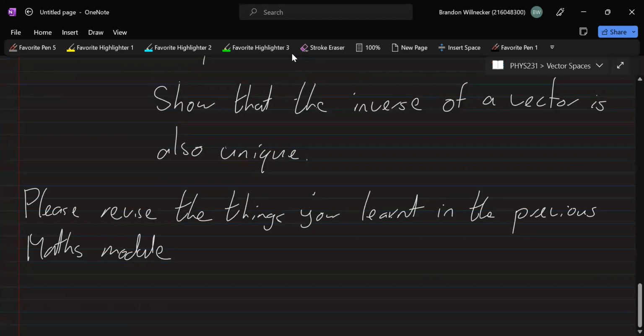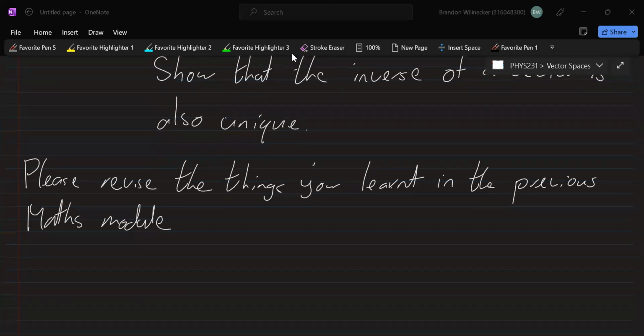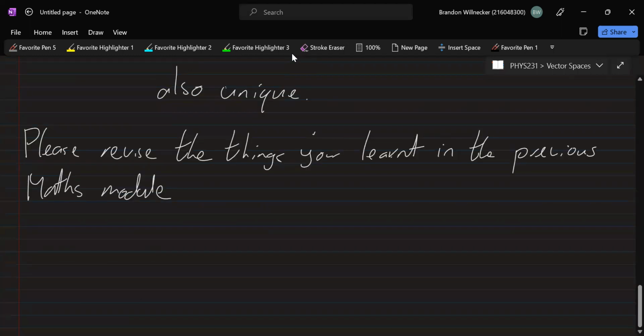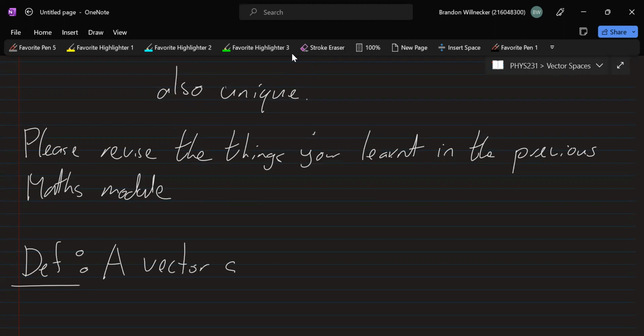Okay, so we got a few more definitions to go through with this idea of vector space. And the first one is the definition for a subvector space or a vector subspace. Okay, so definition. A vector subspace. Okay, you might hear as well subvector space.